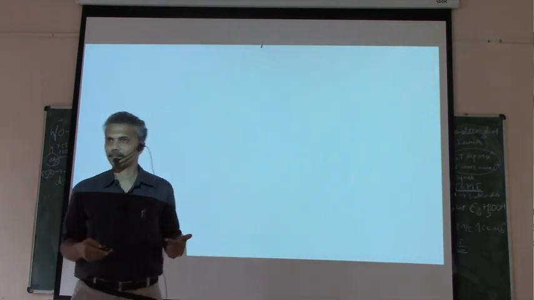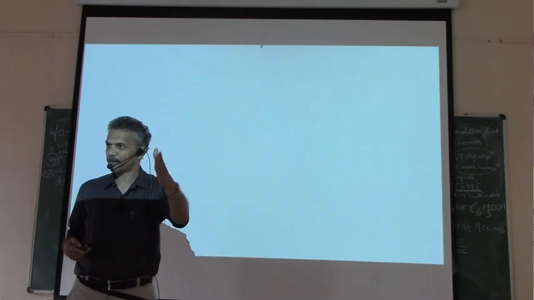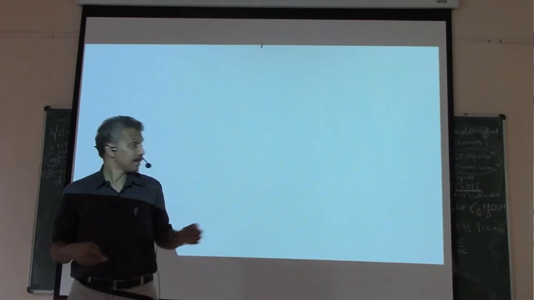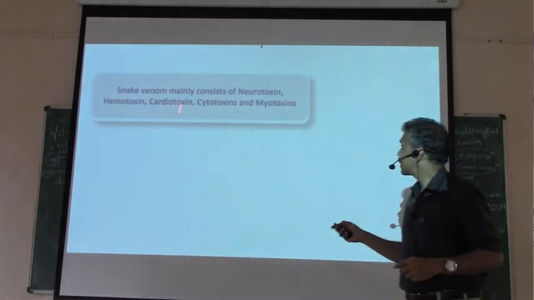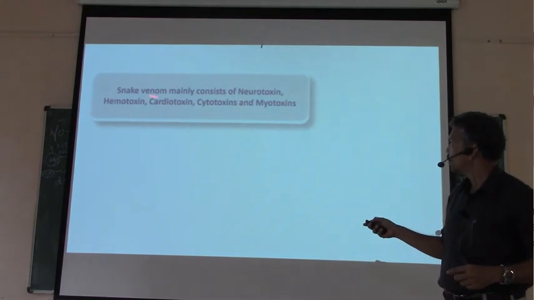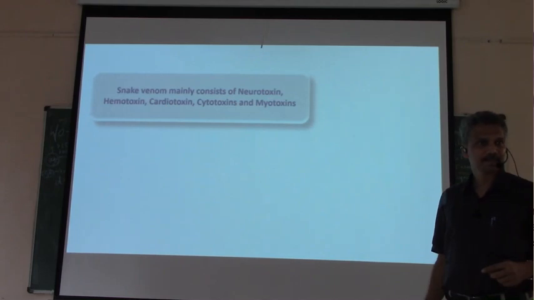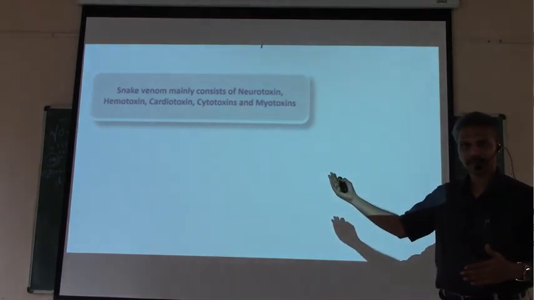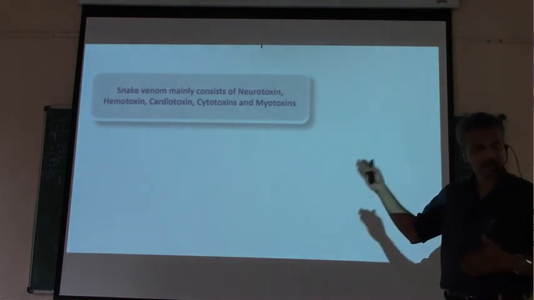Very good, myotoxin. See the names, hemo, neuro, myo, it makes a lot of sense. And what you need to understand is, snake venom mainly consists of neuro, hemo, cardio, cyto and myotoxins. There could be a bigger list on the internet or in your forensic books. I have taken what is important for today's class.